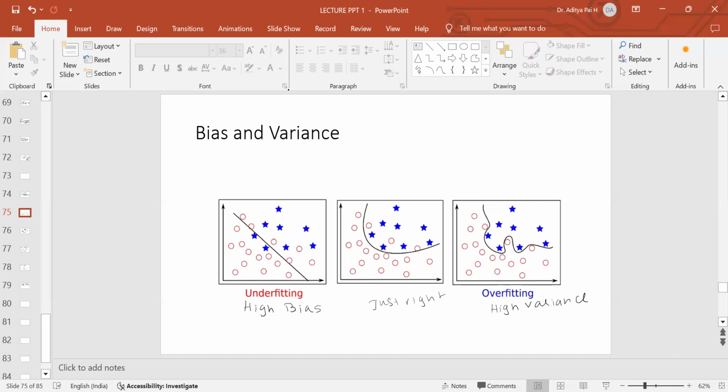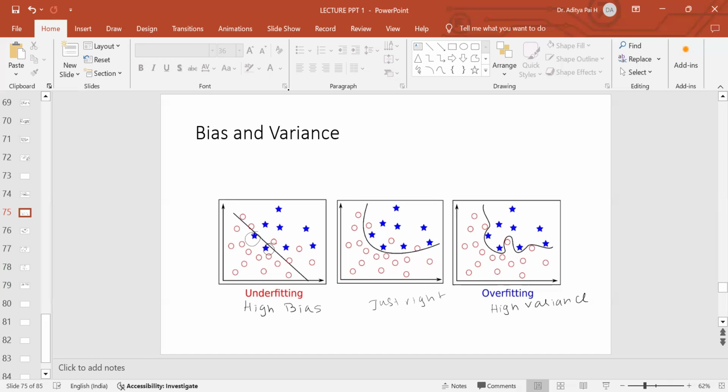Now why would you say that? Because for a particular problem statement, if you are putting a straight line, you can see a linear algorithm. At that point, the algorithm has a fairly high accuracy level, but still there are some errors. You can see that some points are coming to the other side of the line.